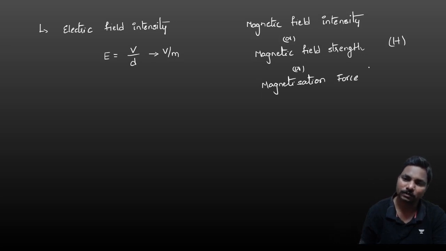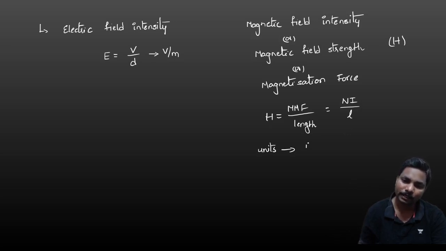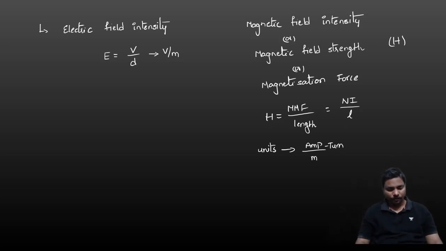Denoted with the letter H. Here H is equal to MMF by length, in the place of voltage by distance. MMF is number of turns into current, by length. Then what will be the units? Ampere turn per meter. So note down this one, ampere turn per meter.